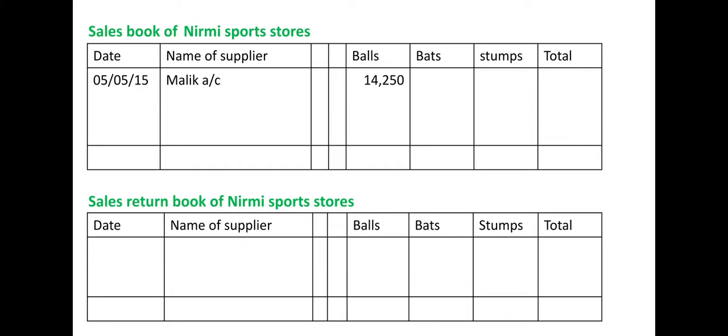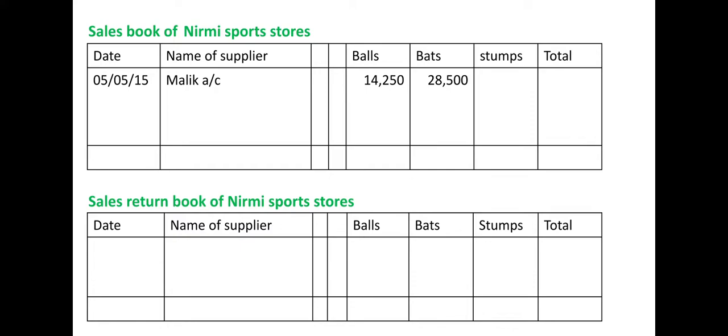Then, student, bats: there are 30 bats into 1000, the rate of one bat is 1000. So 30,000 minus 5% of 30,000, that is 1500, will give you 28,500. And student, the price of stump is 500 per pair, and we are selling 10 pairs, so 5,000 minus 5% discount.